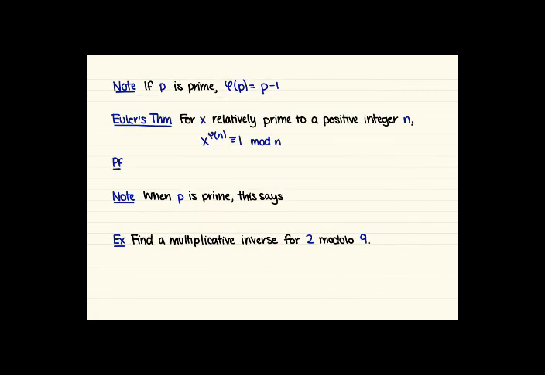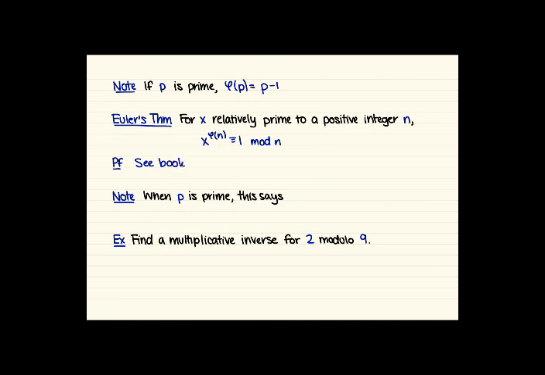So then the generalization of Fermat's little theorem for all numbers n is that for x relatively prime to a positive integer n, x to the phi of n is congruent to 1 mod n. For a proof of this, you can see the book.